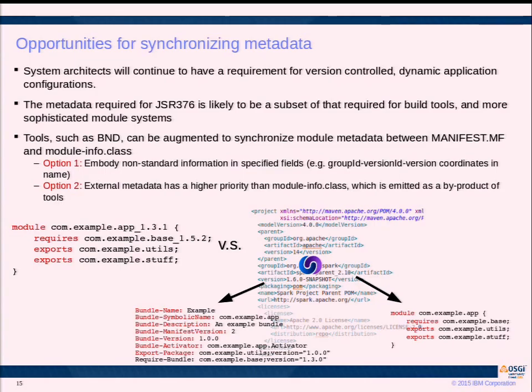There's going to be somewhere where you have all of the information required to bring together your application as a coherent set of modules, and not just rely on the simple module information and the module path.